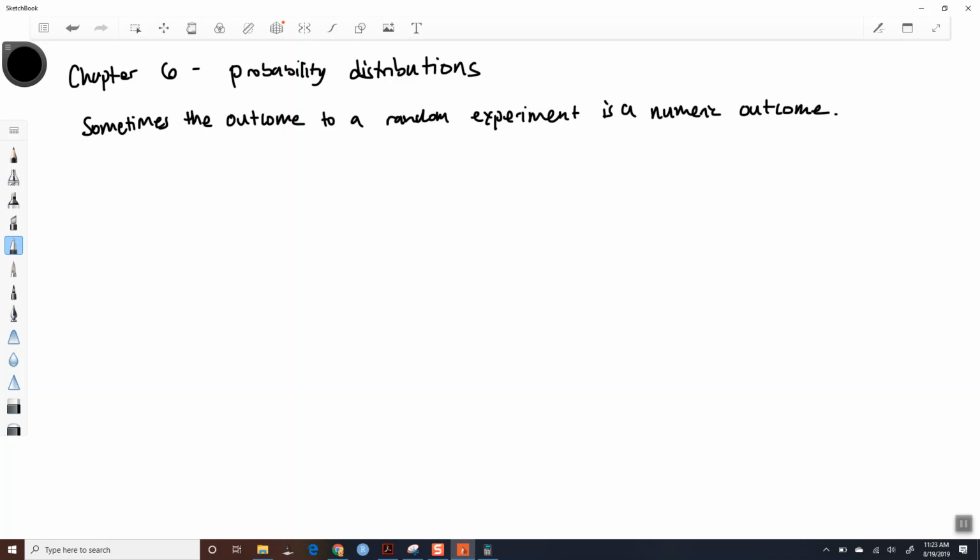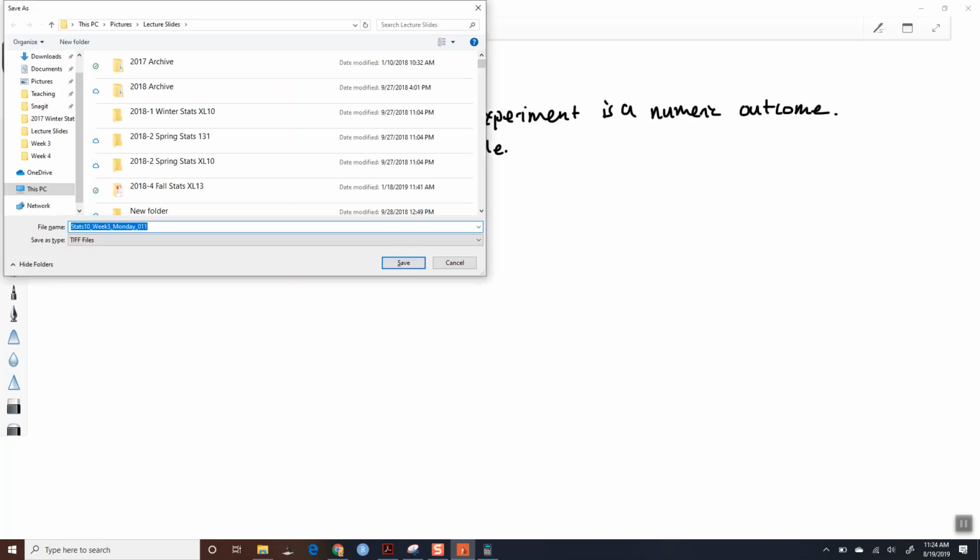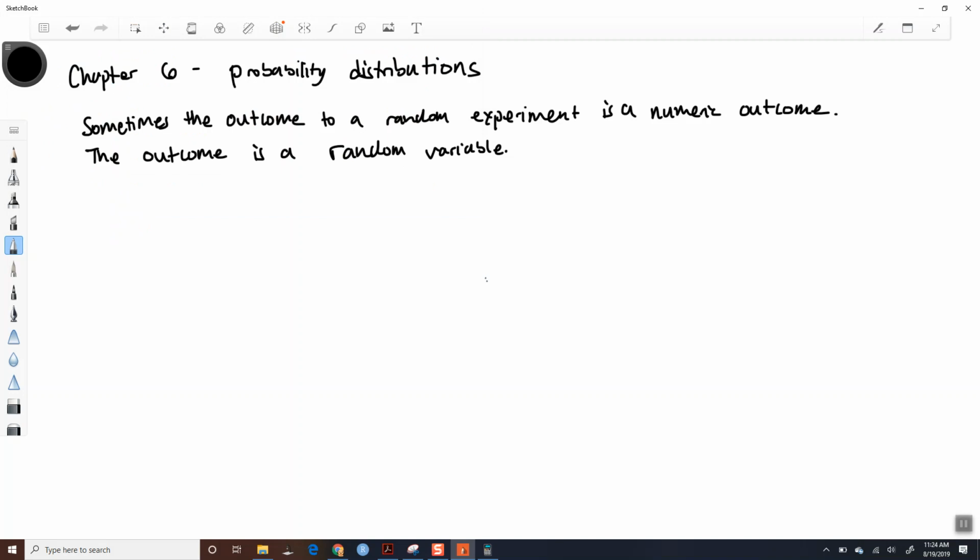And in those cases, we can say that outcome is a random variable. So, you know, if we pick someone at random and we say, do they watch local TV or national TV or cable TV or something like that, that's not going to be defined by a probability distribution.